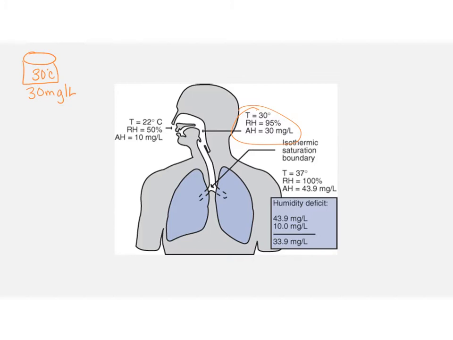But once we get down here, past the isothermic boundary, our bucket is going to get bigger because it's now at 37 degrees and it's at 44 milligrams per liter.